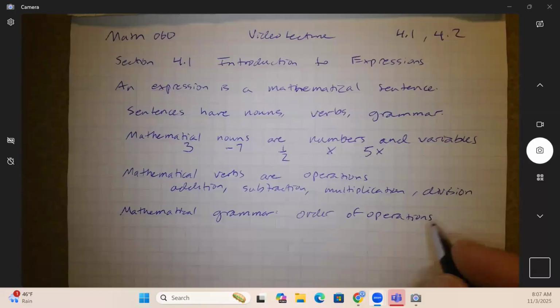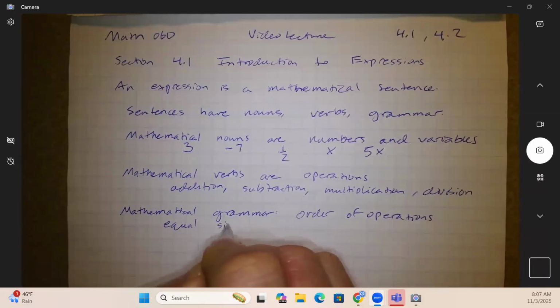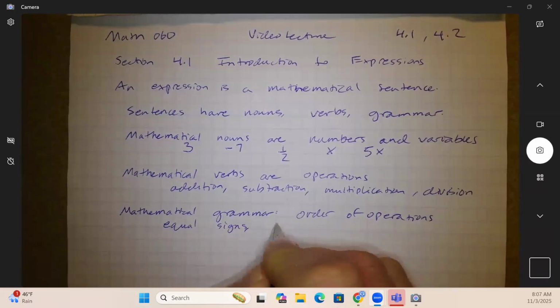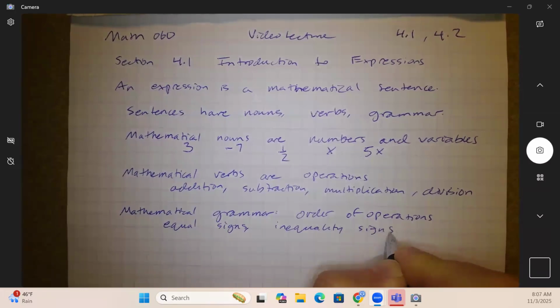And the other piece of mathematical grammar are equal signs and inequality signs. So when you hear someone talk about a mathematical expression, they're talking about a mathematical sentence with nouns, verbs, and some kind of grammar, which tells you how to combine the nouns and the verbs.